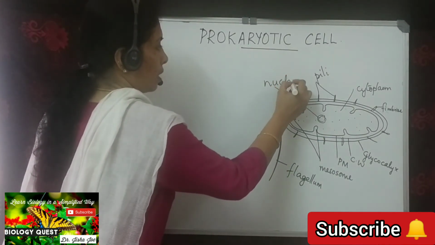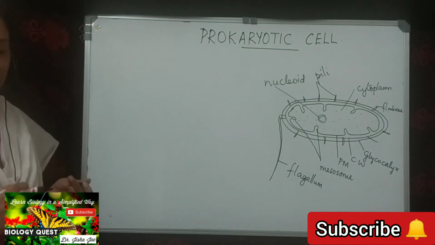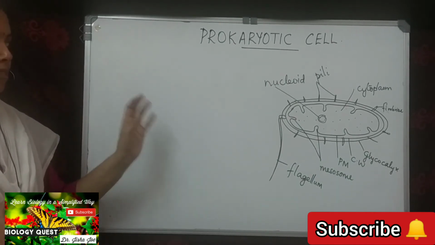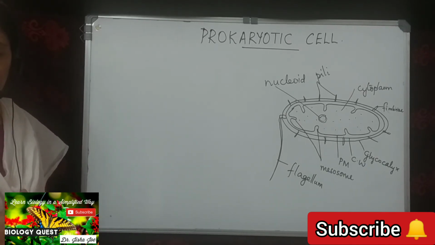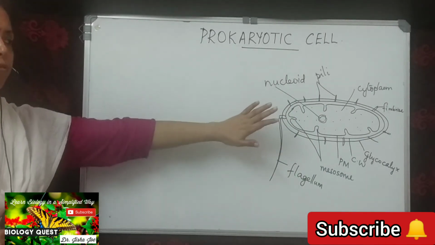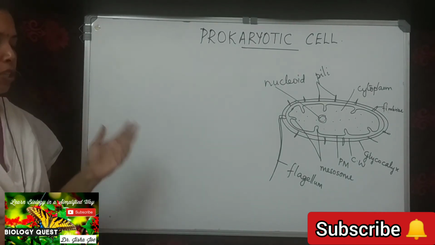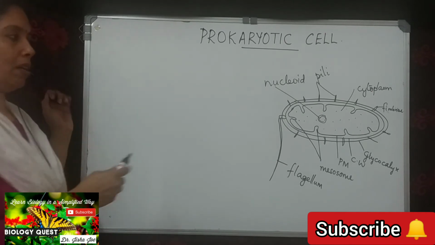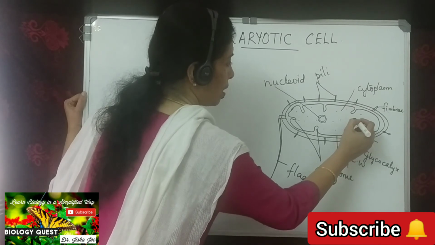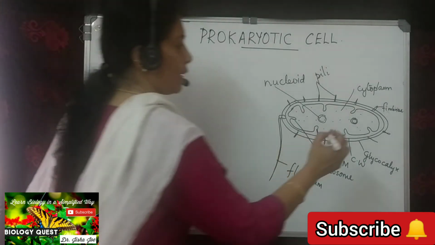Nucleoid. The genetic material in bacterium is called the nucleoid, and it is in the form of a single circular DNA which contains all the genes, and this is present inside the cytoplasm. Now, in addition to the nucleoid, an extra chromosomal hereditary material is present, which is a small circular DNA, called the plasmid.